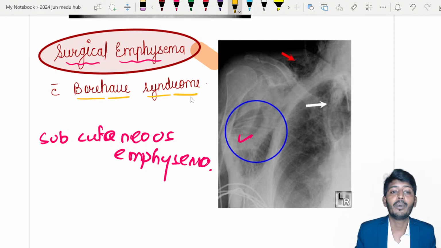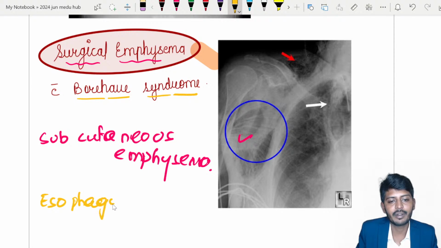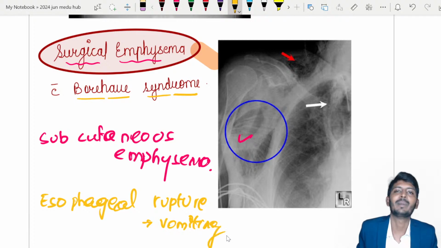So please understand, Boerhaave syndrome is a spontaneous esophageal rupture. What will happen? Esophageal rupture will occur. Why will this esophageal rupture occur? It will occur as a result of vomiting. Now you can ask me, sir, even I vomited as a child because of food poisoning. Did I get Boerhaave syndrome? See, understand, an elderly person who drinks alcohol and suddenly vomits.